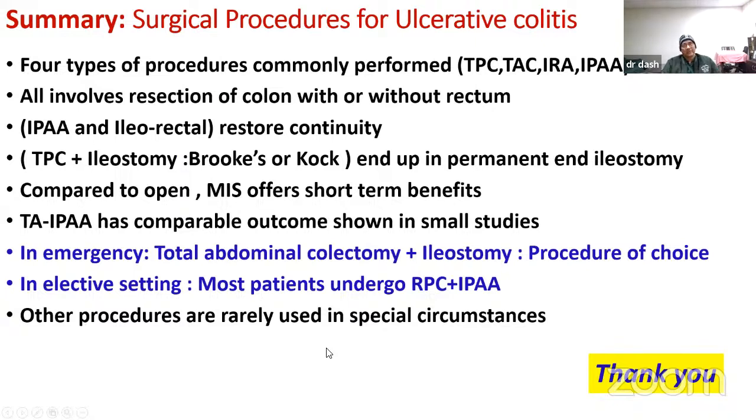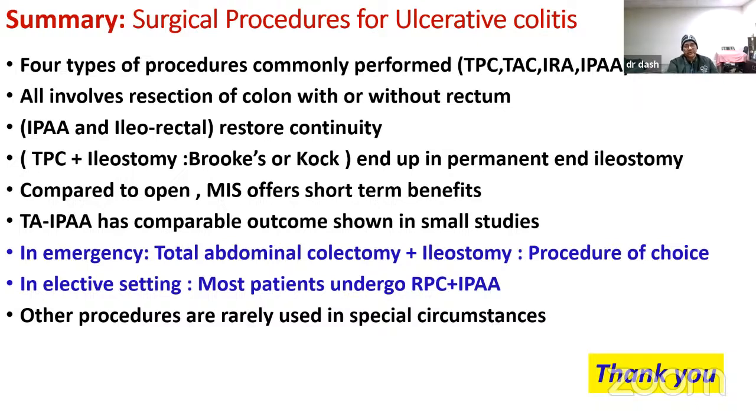So summarizing, there are 4 types of procedure commonly performed for ulcerative colitis. All of them involve resection of the colon with or without the rectum. The ileal pouch anal anastomosis and ileorectal anastomosis restore the continuity. That means 2 procedures restore continuity.